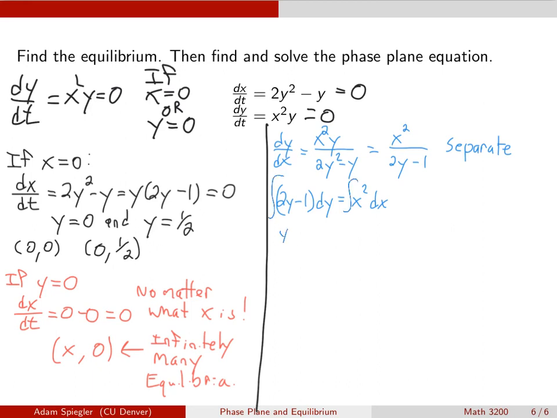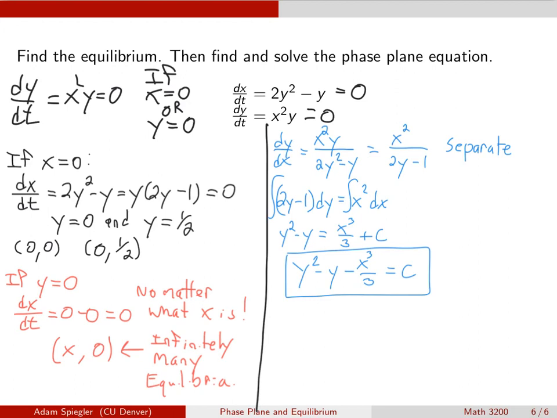Integrating the left side, we would get y squared minus y, and on the right side, we've got x cubed over 3 plus c. And if I want to put everything on the same side of the equation, I would have y squared minus y minus x cubed over 3 is all equal to c. So that would be the solution to our phase plane equation.